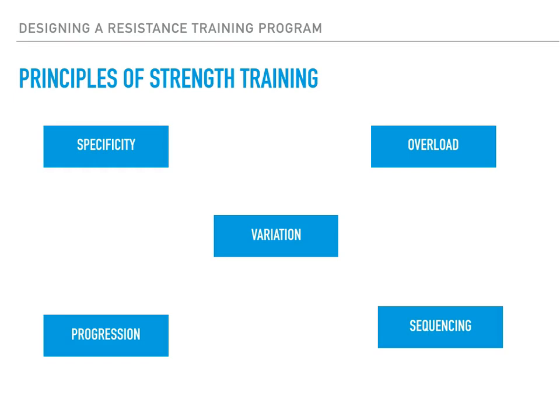So we do this practically by modifying things such as the amount of weight being lifted, the number of repetitions for an exercise, modifying the number of days we exercise per week, and or modifying the amount of rest in between each exercise set. The third principle that we'll investigate is variation.